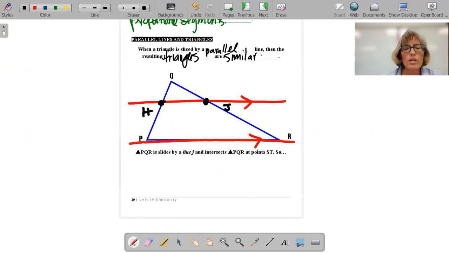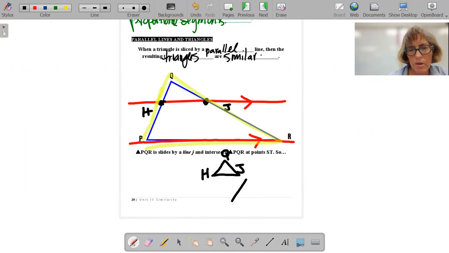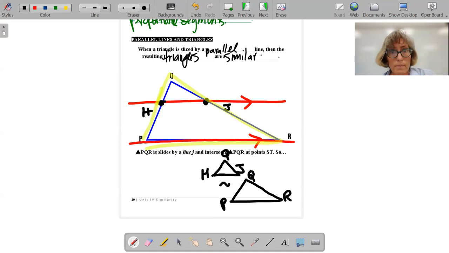The resulting 2 triangles, HQJ, and the larger triangle overlapping, PQR, are similar. Same shape, different size.